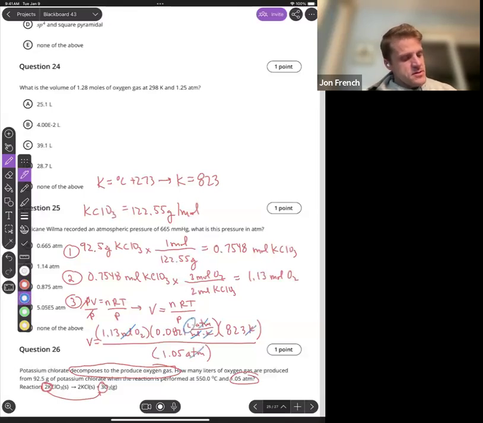We're left with liters. We should be left with liters, we're looking for a volume. So 1.13 times 0.0821 times 823, divide that by 1.05, and I get something like, with 3 significant figures, 72.9 liters of oxygen gas should be made.